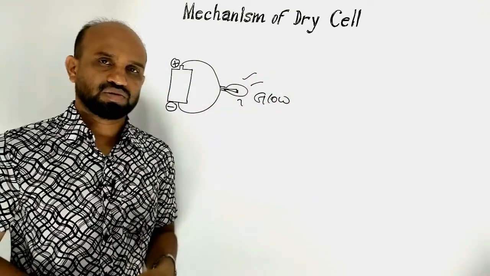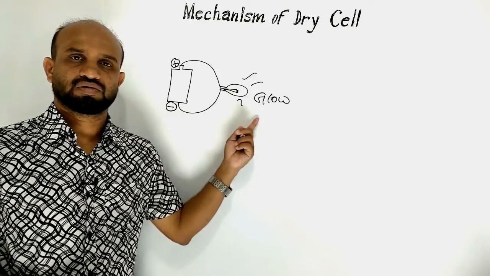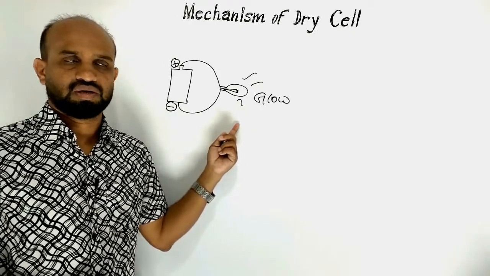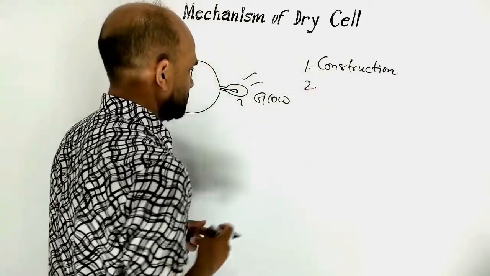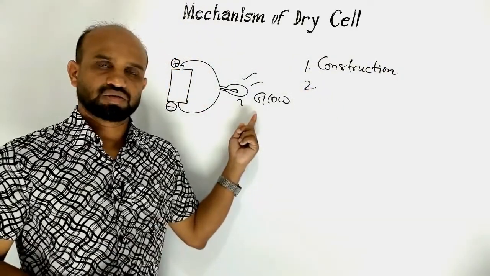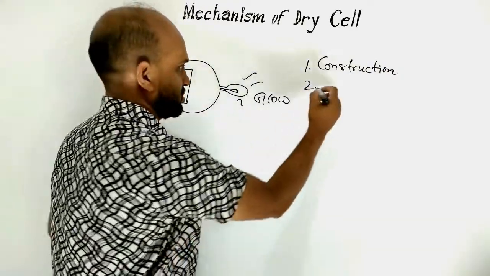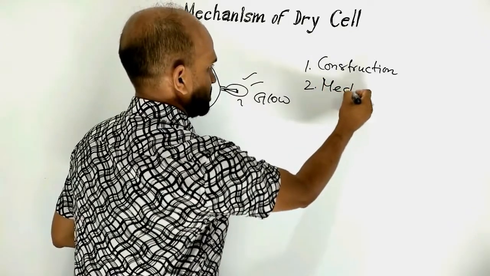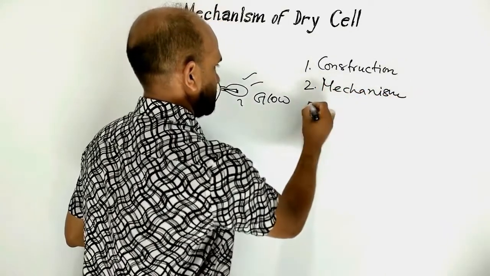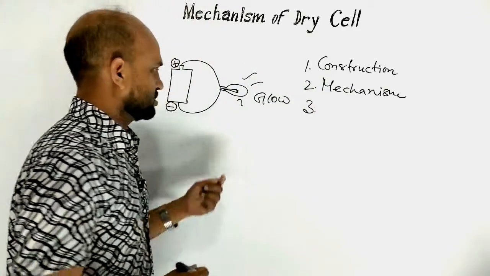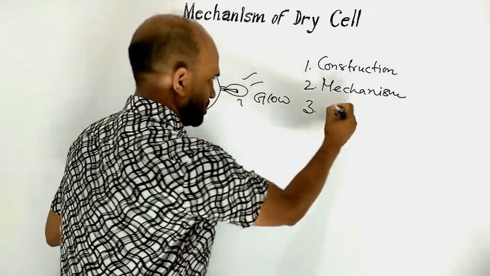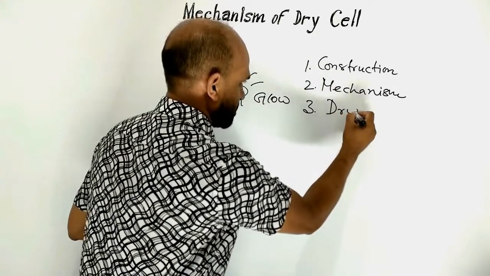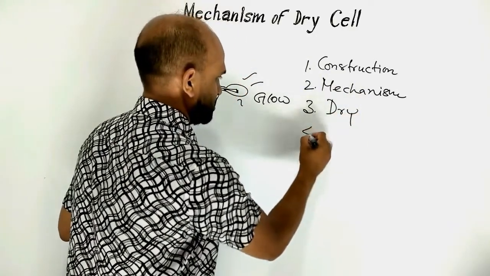In this lesson, we are going to learn the construction of the dry cell, then how this bulb is glowing, the mechanism of the dry cell. Then why it is termed dry cell, the reason behind this term dry.